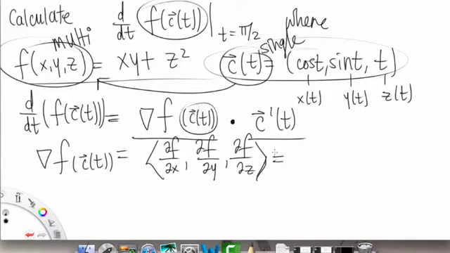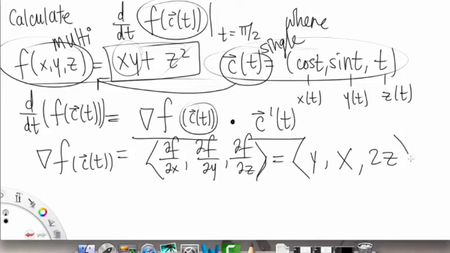Looking at our original function, if we take the derivative with respect to x, the z's go away, and we just get the coefficient of x, which would be y. And then for the partial with respect to y, we do the same thing, the z would go away, and the x would come out. And finally, for the z component, we would just get a 2z, right?